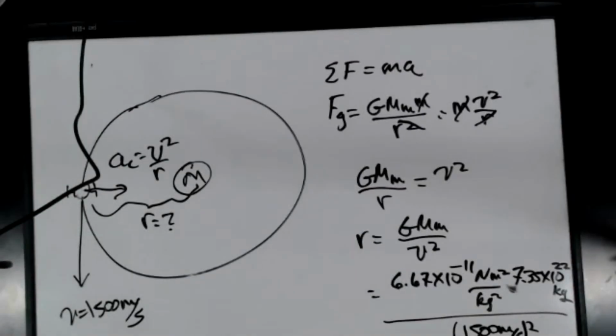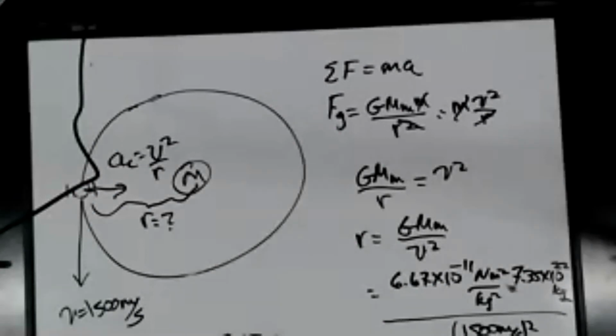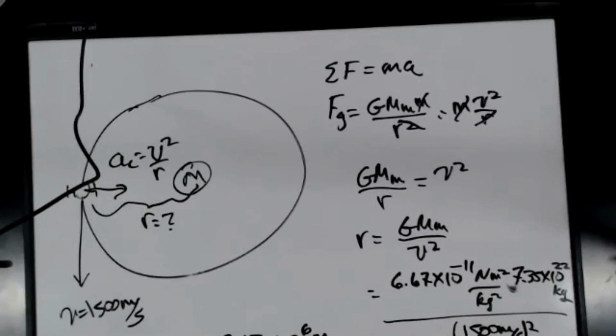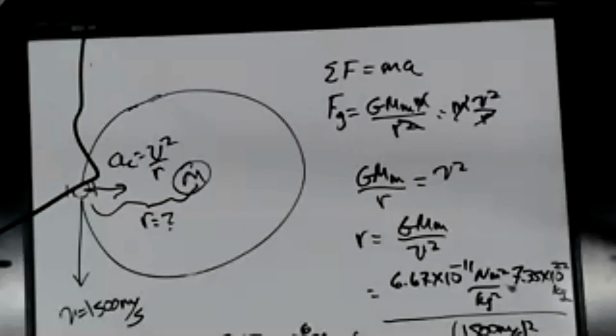I get 2.17 times 10 to the 6th meters, which is choice A on there.